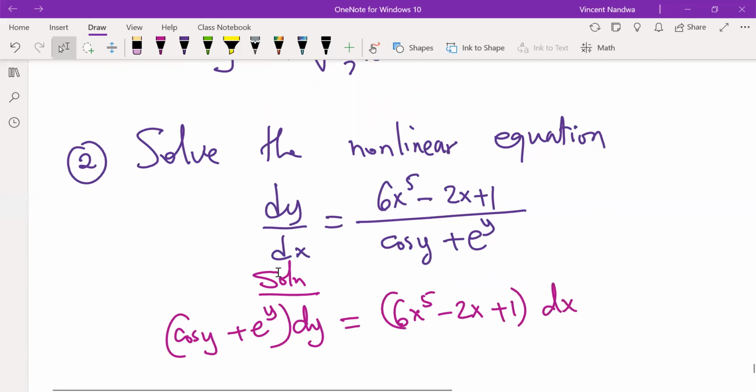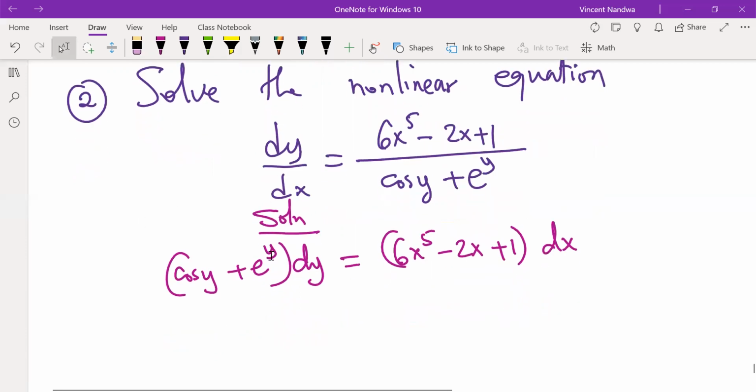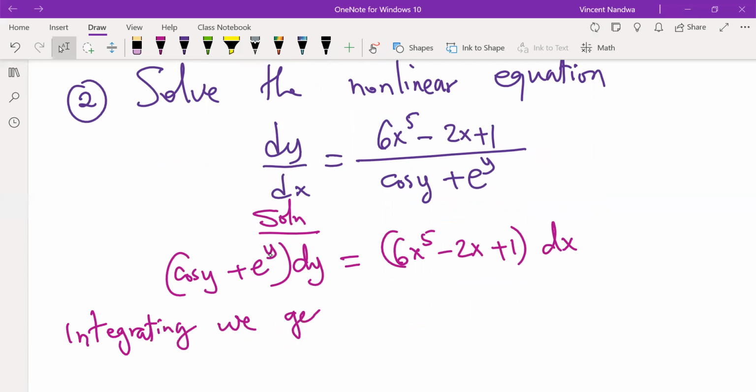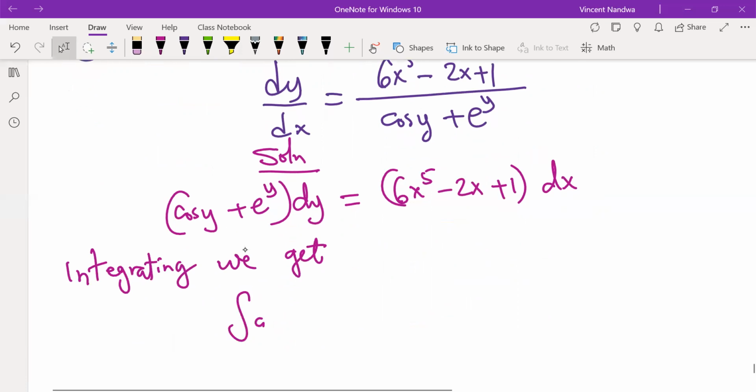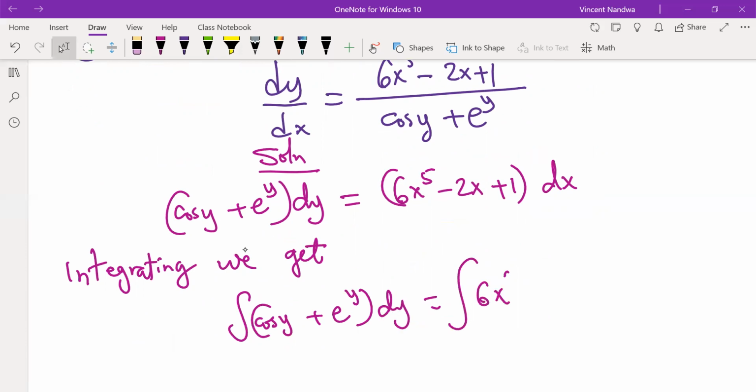So I have successfully separated variables by that cross multiplication. Next, we integrate. So I'll have the integral of cos y plus e to the power y dy equals the integral of 6x to the power 5 minus 2x plus 1 dx.